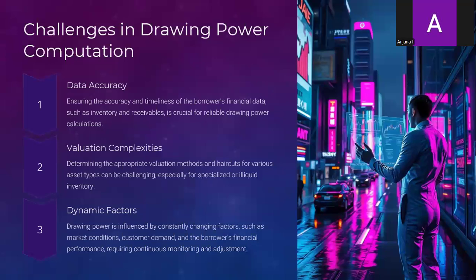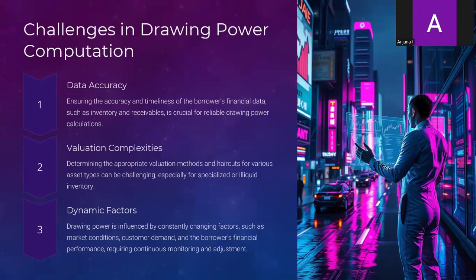Challenges in drawing power computation. The main challenge faced generally by banks is data accuracy, because ensuring accuracy and timeliness of borrowers' financial data, such as inventory and receivables, is crucial for calculating reliable drawing power. Second is valuation complexities.